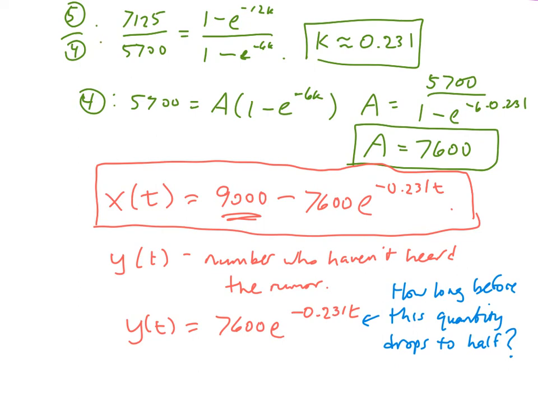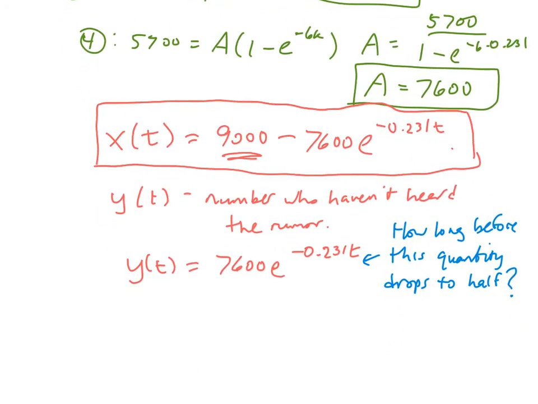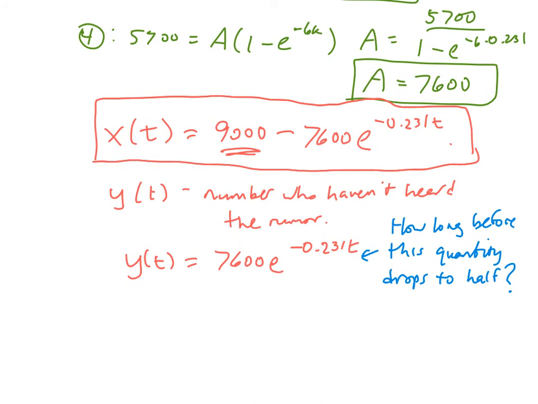We could actually solve that. So we could say, how long does it take before this number of people drops to half of its initial value? Well, the initial value is 7,600, because when t is 0, that's what we get for y of 0. So the question is, how long does it take before the number of uninfected people is half of 7,600?